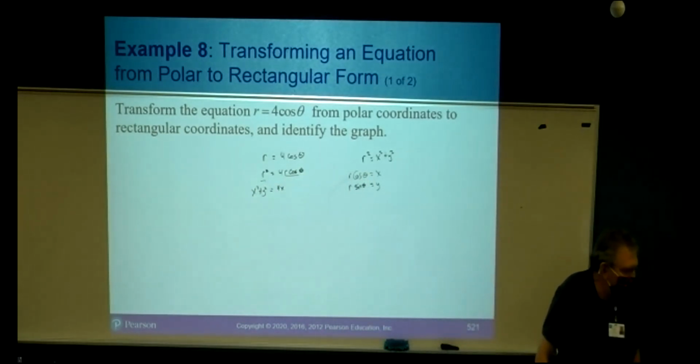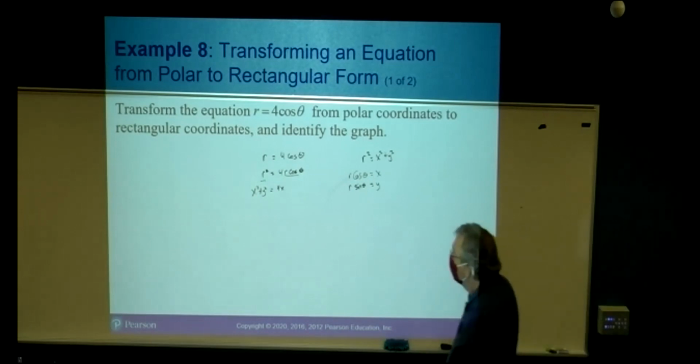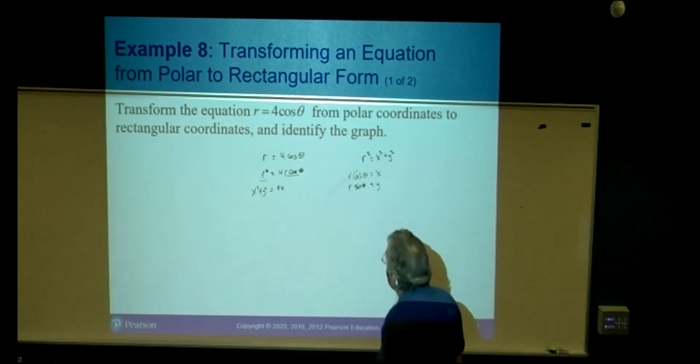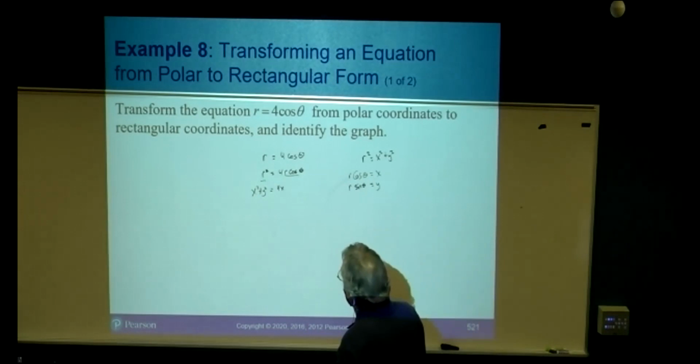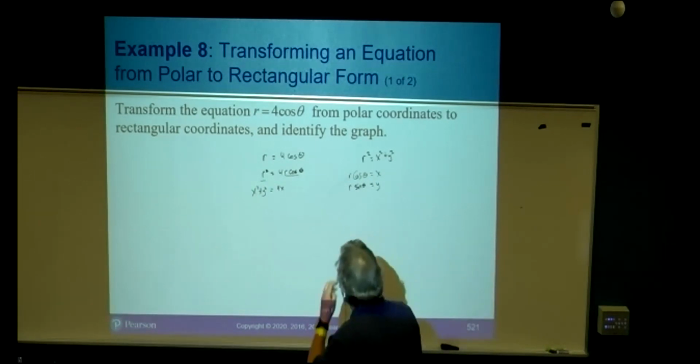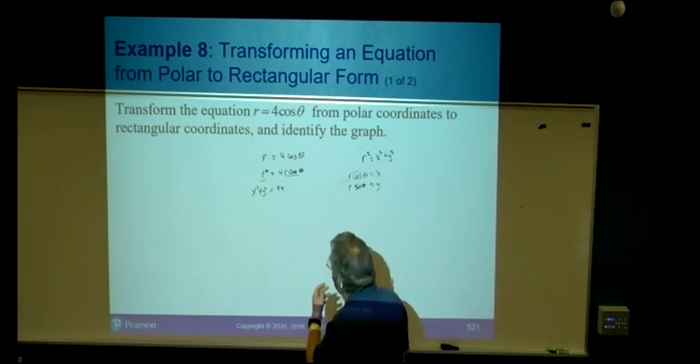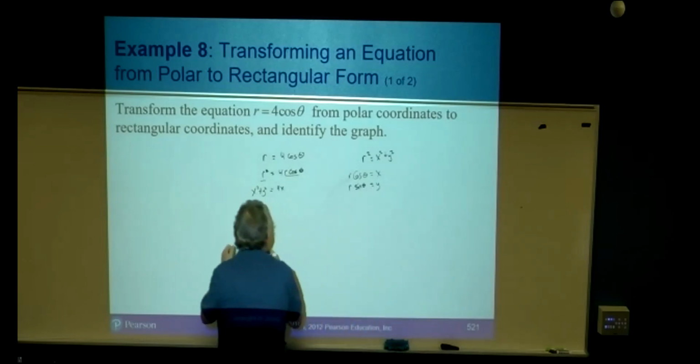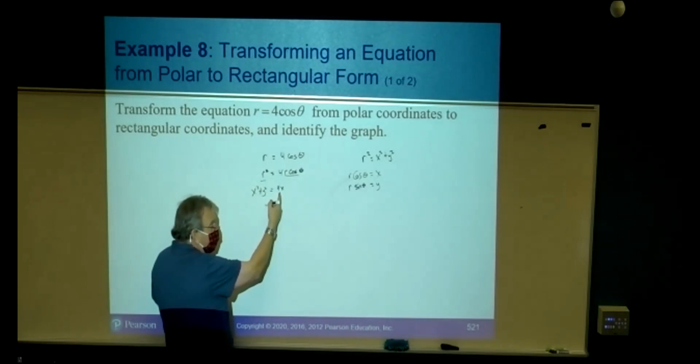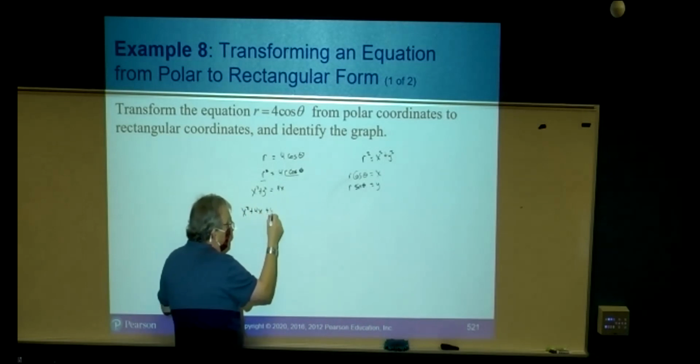And what I need to do is, well, what they're going to ask you to do, because we want to write it in a certain way. And so I'm going to subtract 4x from both sides and get x squared plus 4x plus y squared equals 0.